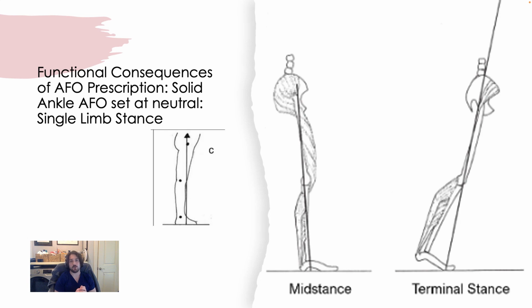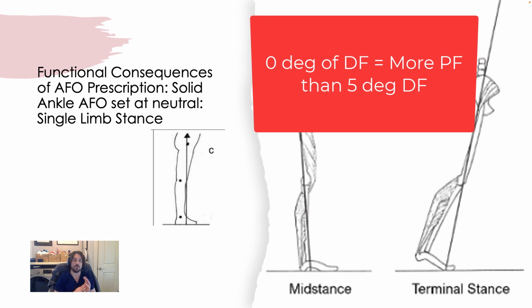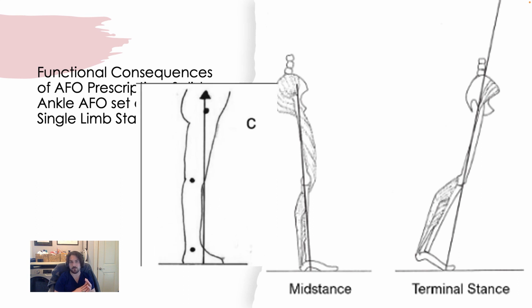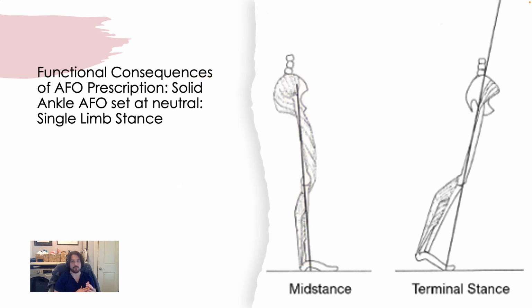Our neutral ankle is relatively plantar flexed compared with the 5 degrees of dorsiflexion that we would need. This causes our ground reaction force vector to be more anterior relative to the knee joint than it would usually be at this phase in the gait cycle. So that creates more of a knee extension moment, which again might be something that we want if we're trying to promote stability during single limb stance.